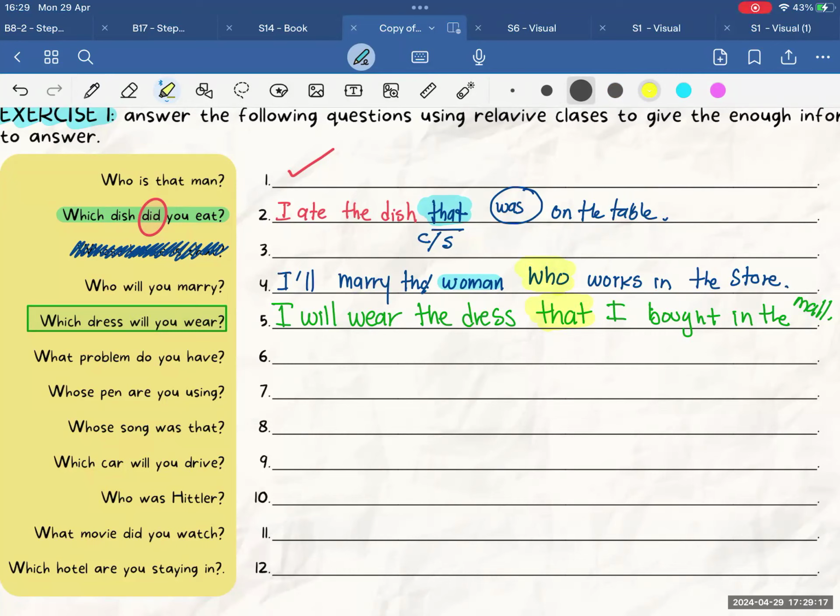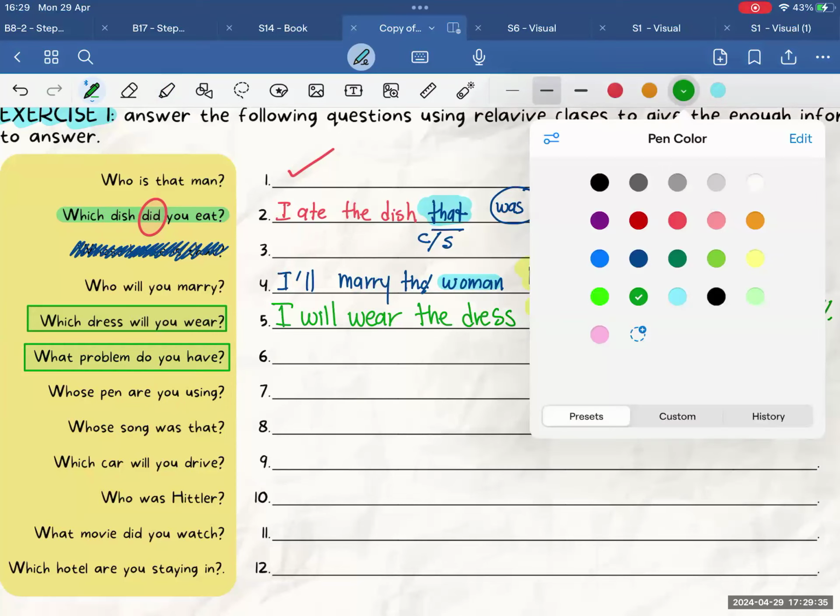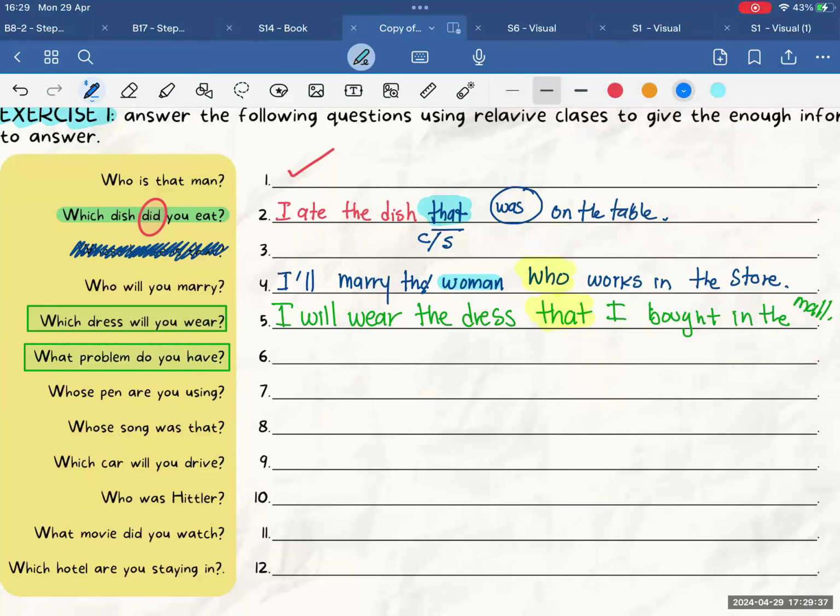Yes. Let's go with number 6. What problem do you have? It's in present. What problem do you have, Camila?